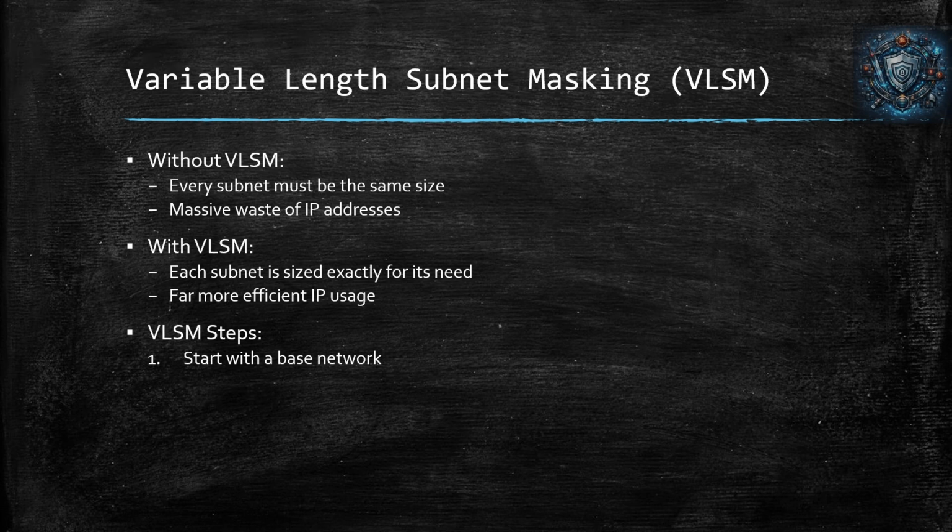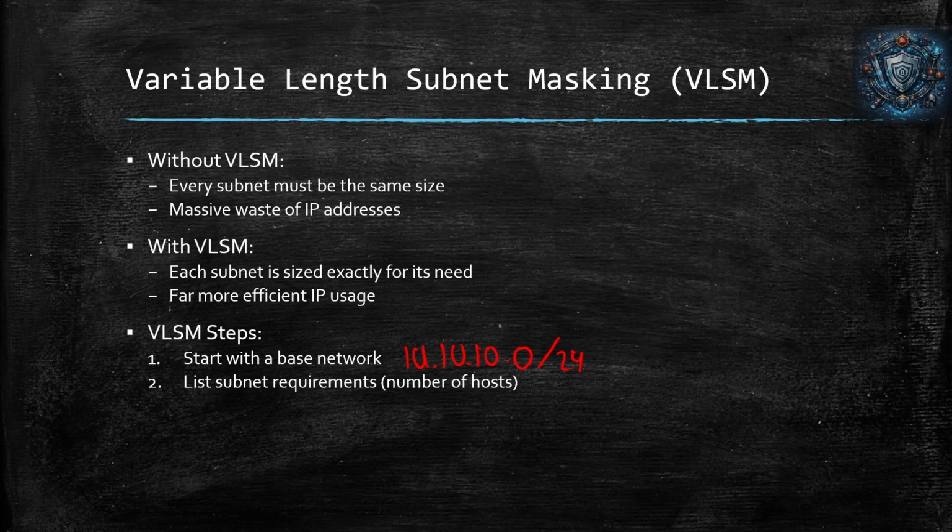We're going to start with a base network. Let's give ourselves a base network of 10.10.10.0/24. And let's list out some subnet requirements. How many hosts do we need here?